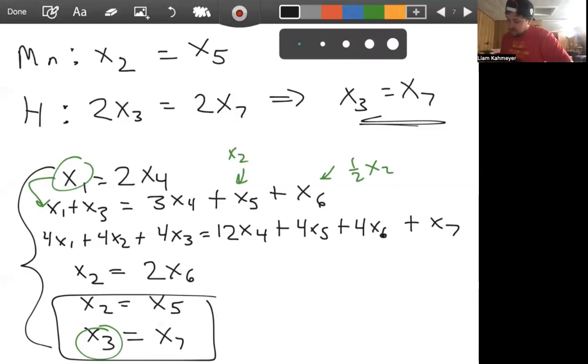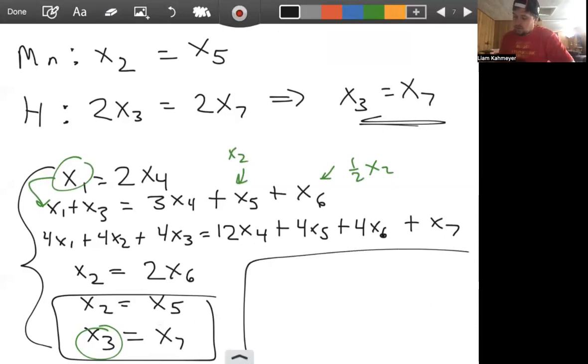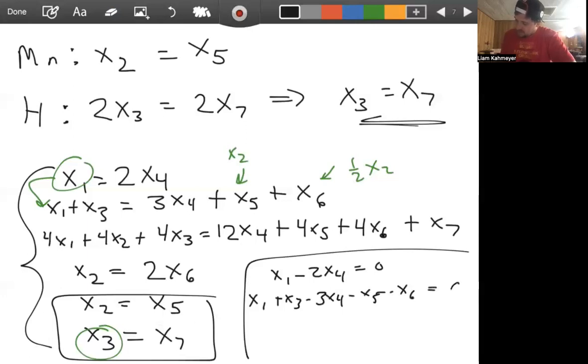And what I'm going to do is start writing this as a homogeneous system, which means the top equation would look like x1 minus 2x4 equals 0. And then x1 plus x3 minus 3x4 minus x5 minus x6 equals 0, et cetera, right? If you write this as a homogeneous system, or a system where every equation is set equal to 0, this would be the following matrix.